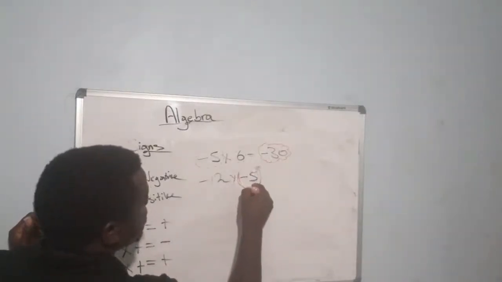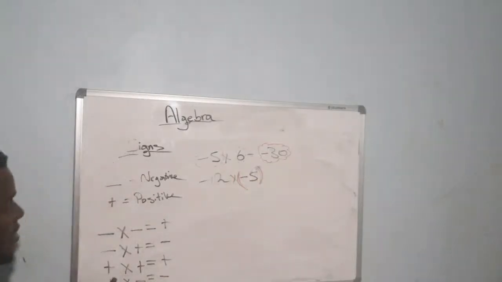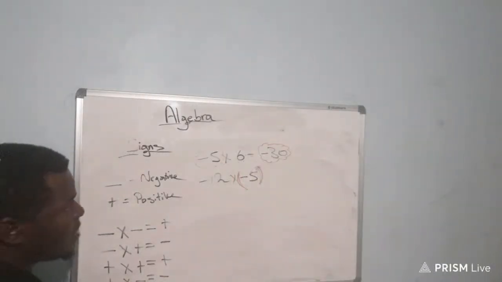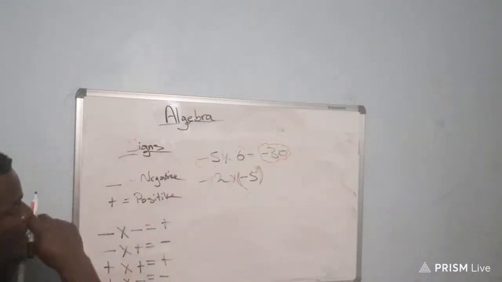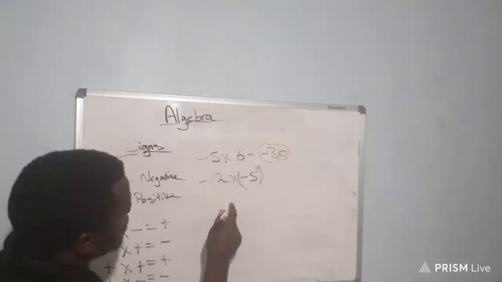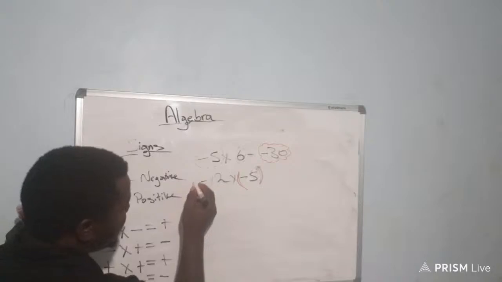So it can be written this way. And 5 times 12 is 60.